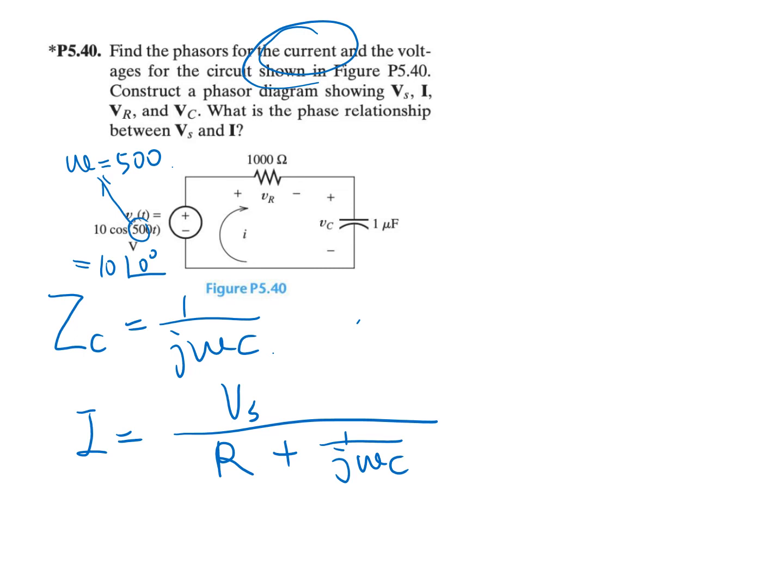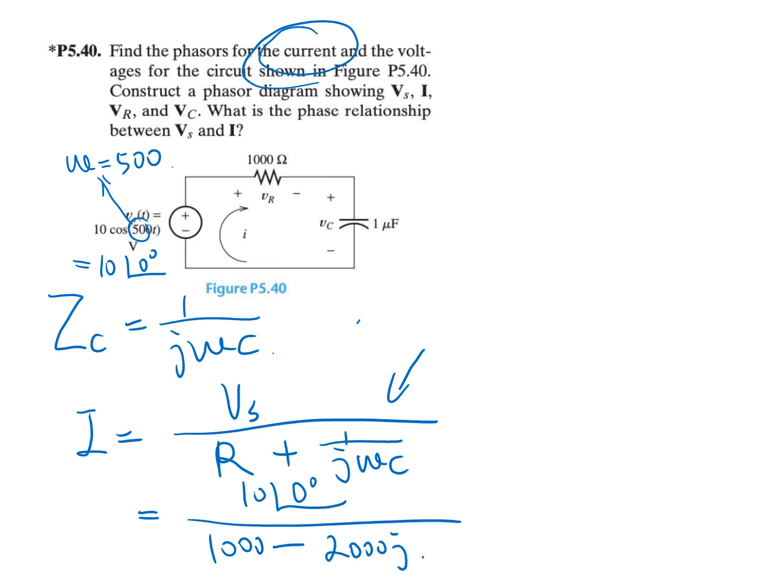So let's substitute the numbers into this expression. We have 10 at an angle of 0 degrees over 1000 minus 2000j. If you simplify the denominator, you can get this expression.